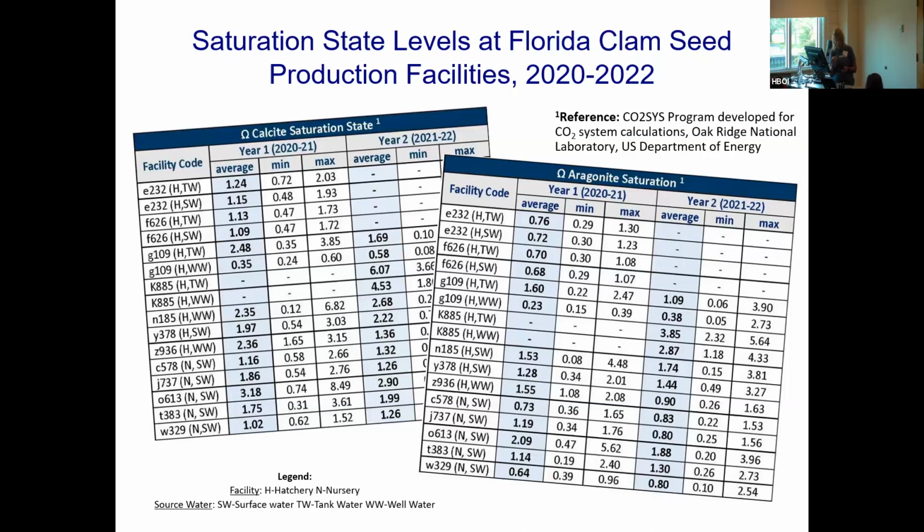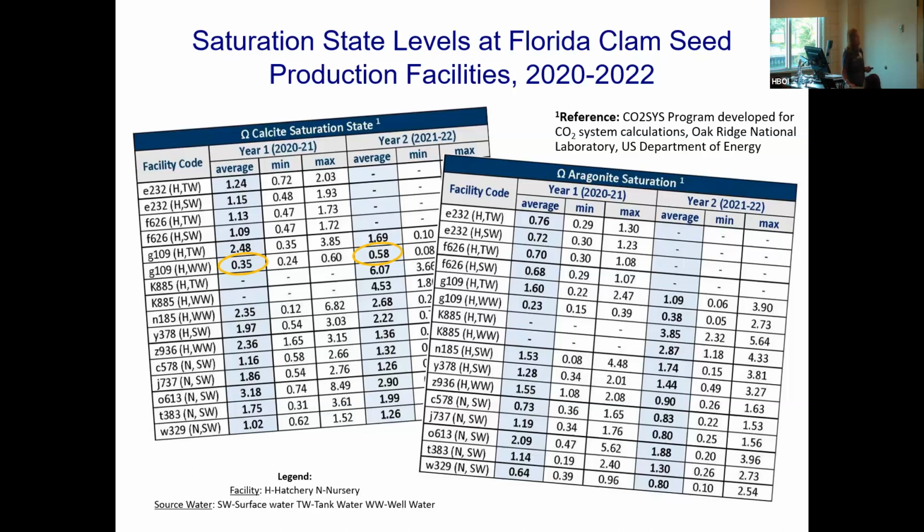But let's go ahead. And again, you see facility code on the far left of each table. The highlighted blue columns are the average that we calculated. And all of these averages for calcite saturation state are above 1 with just one exception.